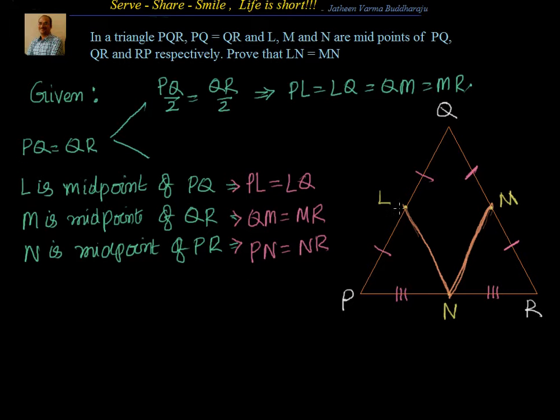Not only that, if you know PQ equal to QR, then you know that it is an isosceles triangle. And we know pretty clearly that in an isosceles triangle the base angles are equal, because if two sides are equal then the angles opposite to them are equal. So I can say the angle at P and the angle at R in the triangle PQR should be equal.